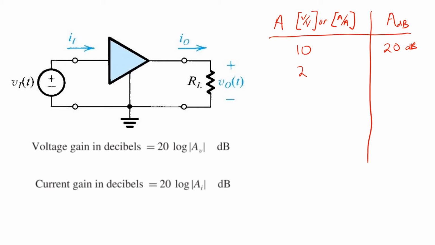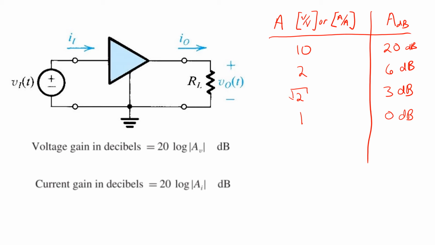Gain of 2, 6 dB. It's a voltage or current gain. And a gain of root 2 is 3 dB. Now, in principle, you can also have a gain of just 1. A gain of 1 amps per amp is 0 dB because log of 1 is 0.